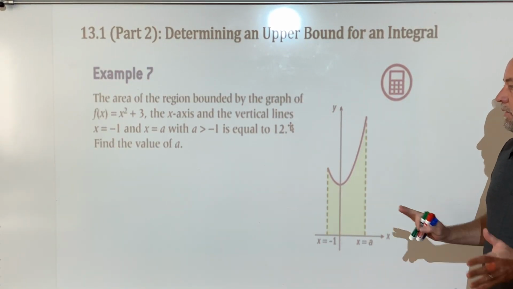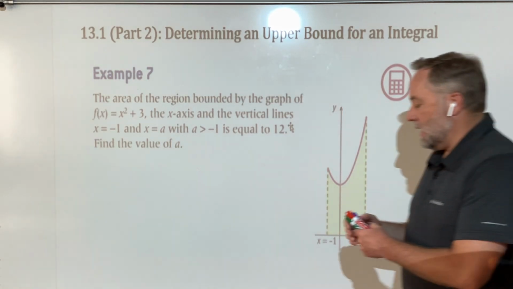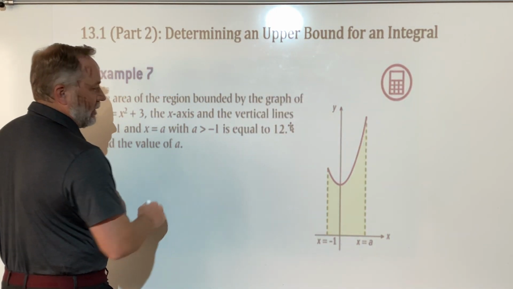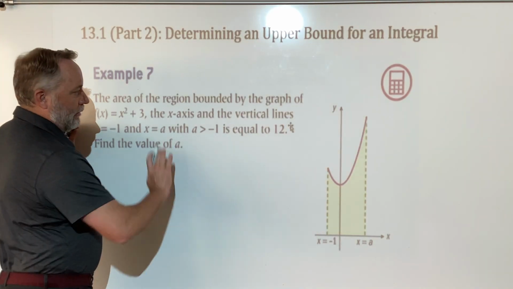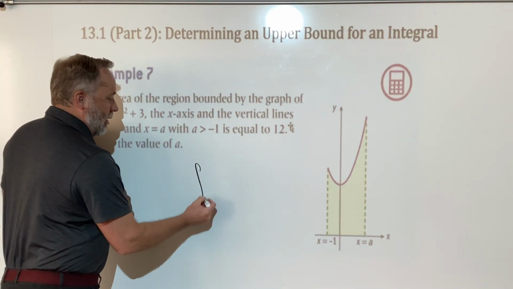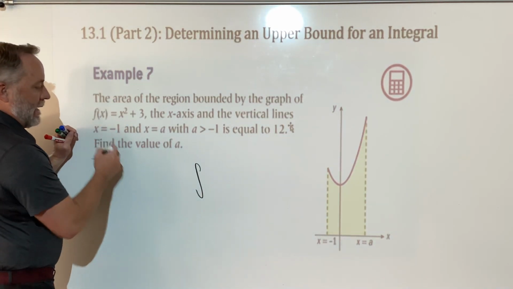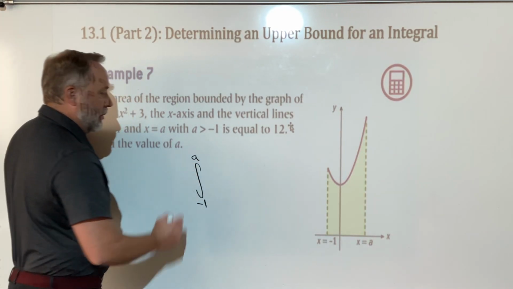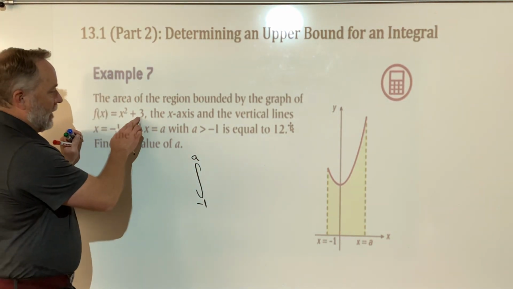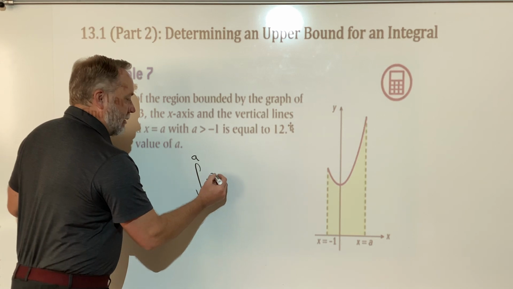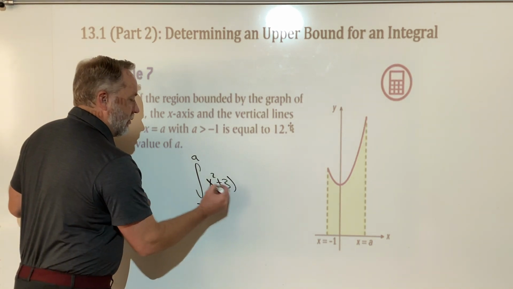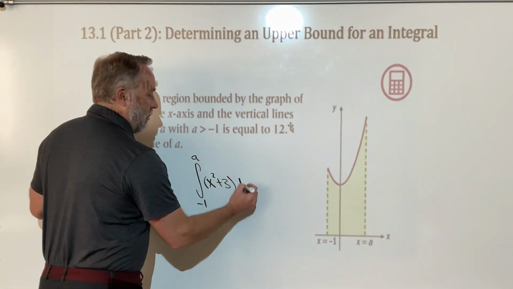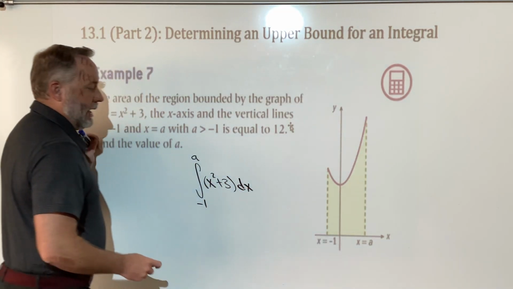Okay, so before we do anything, we could just set up, similar to what we had done previously in section 13.1, an integral for what it is we're being asked. So we would have the lower bound is -1, the upper bound is a, that's what we're looking to find. The function is x squared plus 3, usually putting that in parentheses is best, and then our variable of integration is dx.